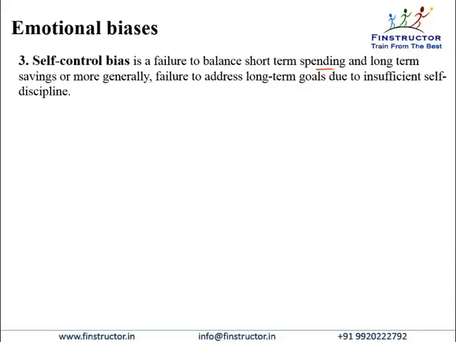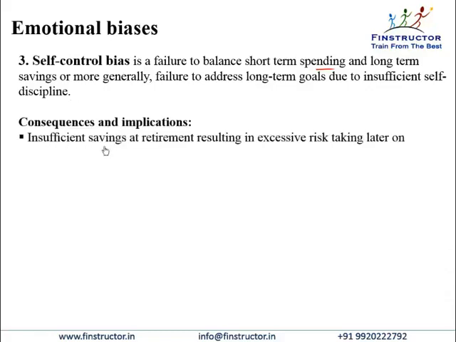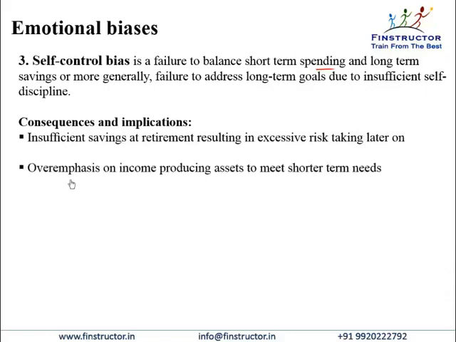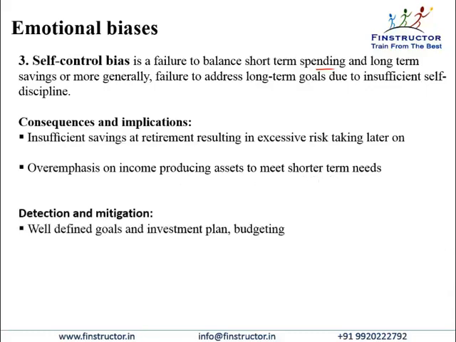We've seen that we end up spending too much in the short term or as things come up, and end up being not very disciplined about saving and investment. So this will result in insufficient savings at retirement, resulting in excessive risk taking later on, because the return required to meet your objectives now will be very high since you haven't saved enough. An overemphasis on income producing assets to meet shorter term needs.